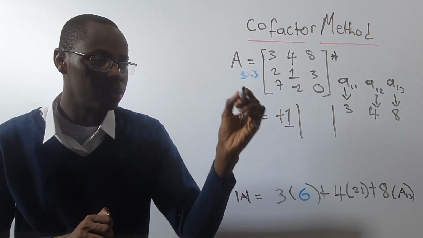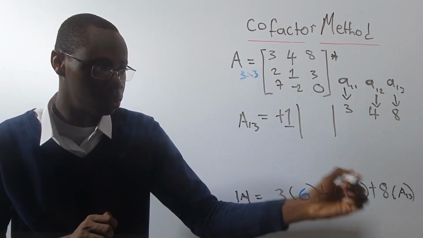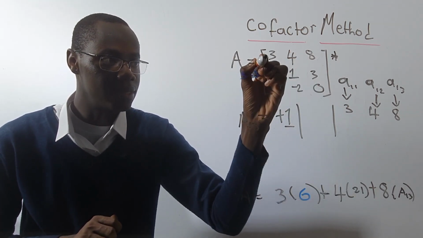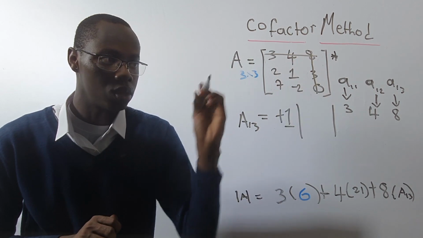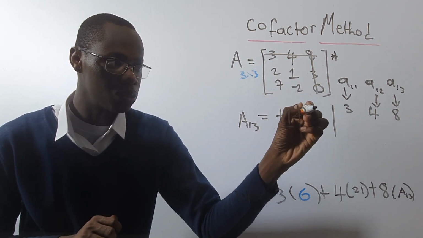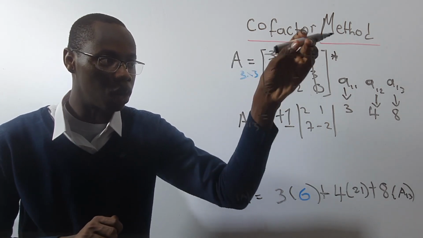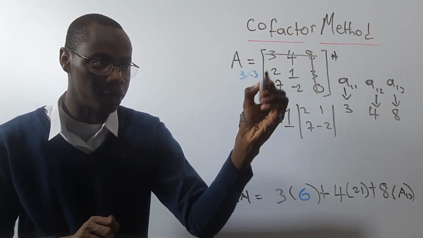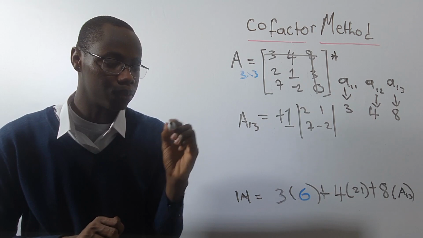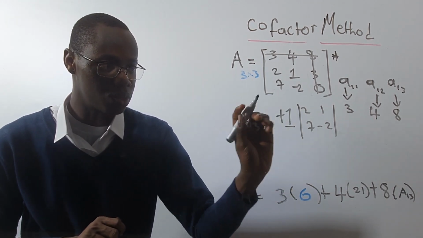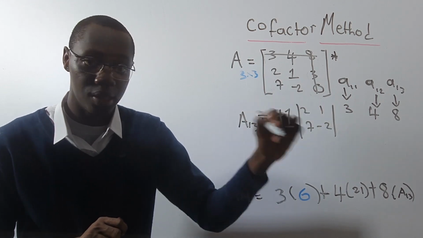The minor to this 8, because we're doing A13, will be us deleting the row and column, and what is left? 2 1 7 minus 2. So delete the row and column associated with 8 to find the minor. Then the cofactor is just us multiplying and finding this answer.